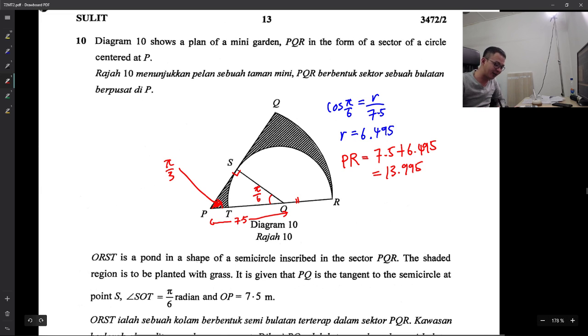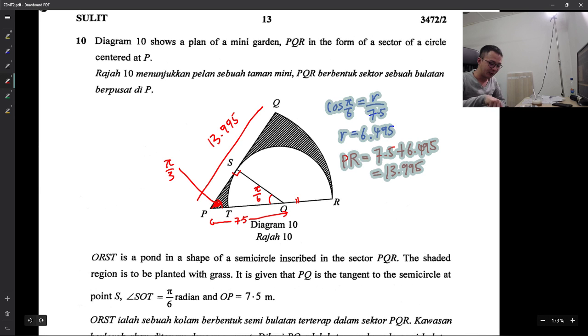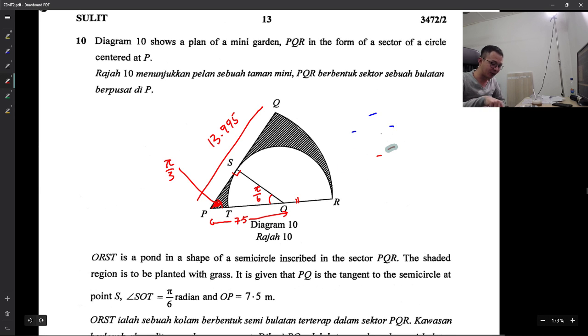Alright, then I can find the arc length. The arc length itself will be S equals r theta, right? So my r over here is 13.995. Let me erase all this because I need some space here. Because S equals r theta, I can find the arc length PQ easily.